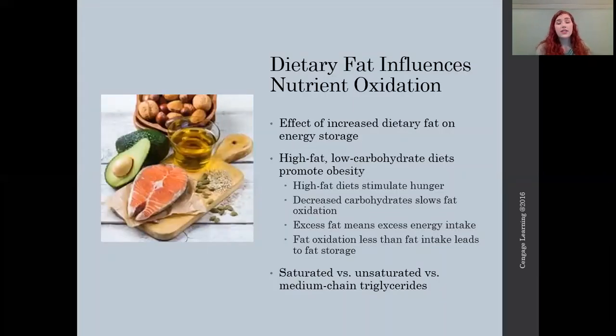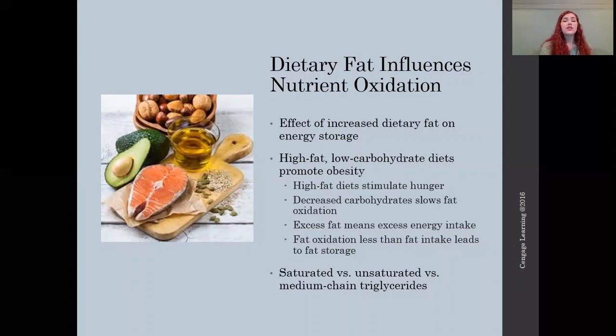Fat is another factor that influences the oxidation of nutrients. In individuals who are on a high-fat, low-carbohydrate diet, we do see a promotion in obesity. This is due to the fact that high-fat diets stimulate hunger, which will increase the amount of nutrients an individual is taking in, so there's typically an excessive amount of energy intake.